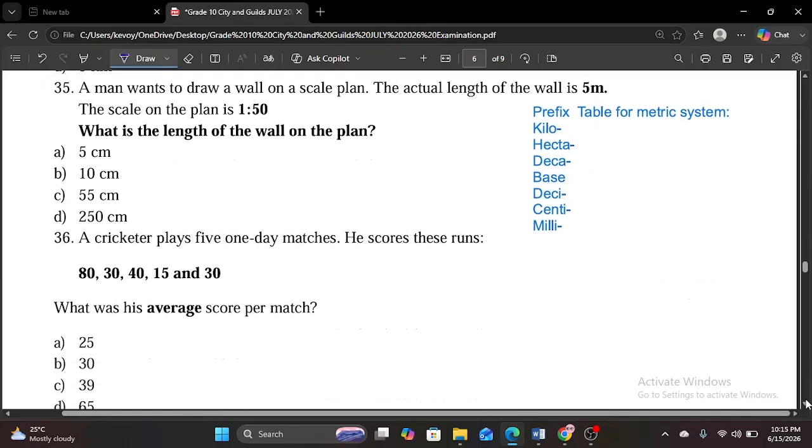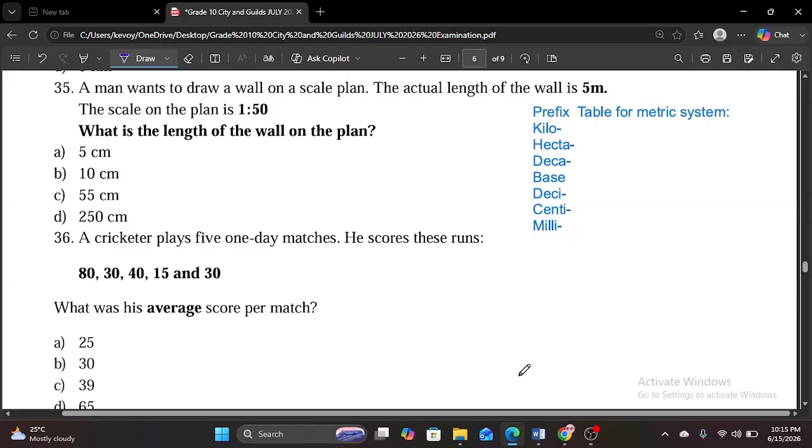Going down to question 35. So a man wants to draw a wall on a scale plan. The actual length of the wall is 5 meters. The scale on the plan is 1 to 50. What is the length of the wall on the plan? All right.